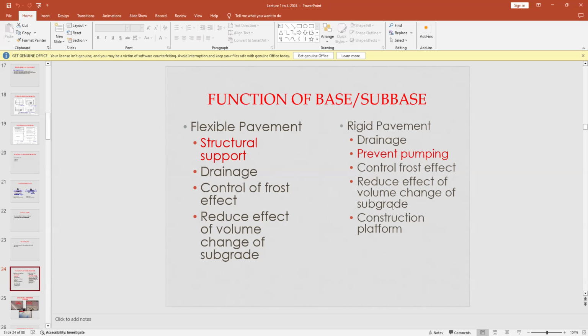During the cold weather. Because there are so many layers and a base layer above it, this shrinkage will not travel to the bottom of the base, right? Again, the capillary action will be prevented.